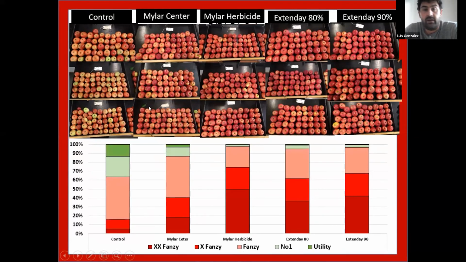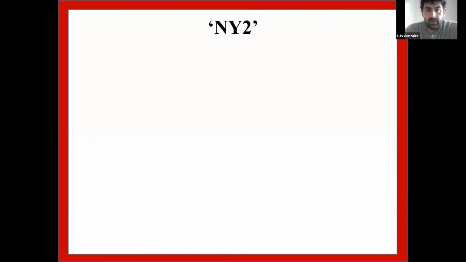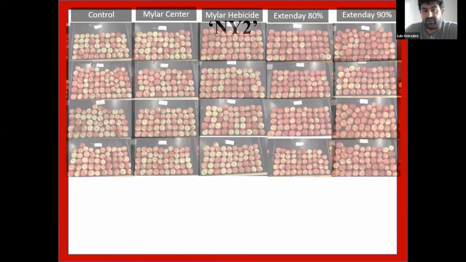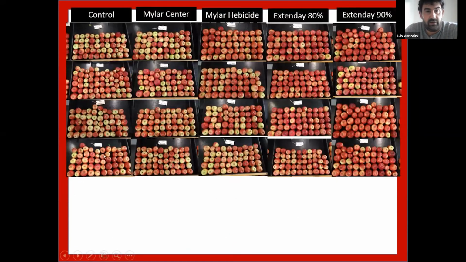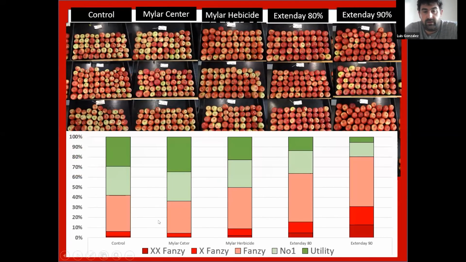It's evident that we gain color with all systems with light reflection. In NY-2, these are the samples. You can see all the samples with mylar are similar to the control treatment, and extended shows better color. When we see the picture with the fruit color distribution, it shows the same as this picture.